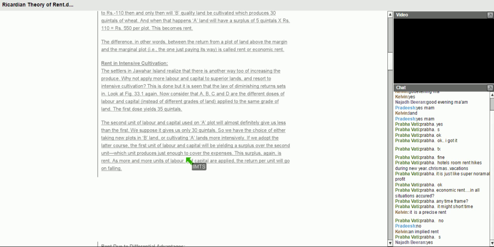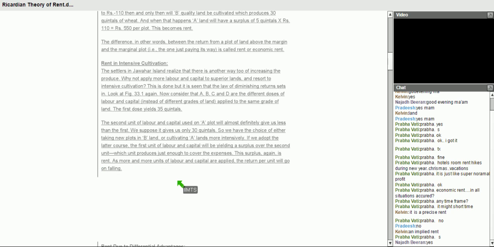Suppose we go for the A method. In the A one, the first dose will be definitely giving us extra over the second dose. The difference between the two is called the surplus, and it is just enough to cover the expenses. So this surplus is the rent.